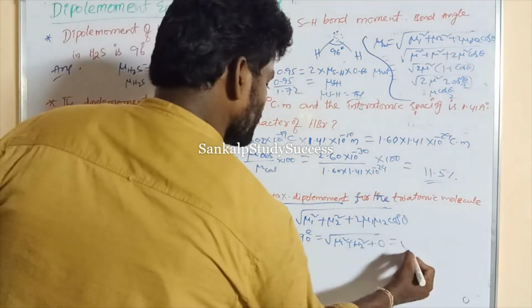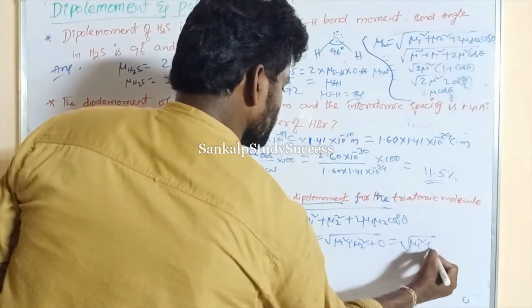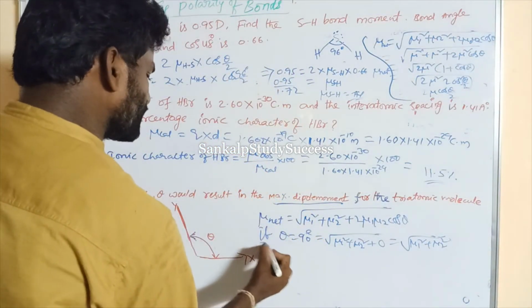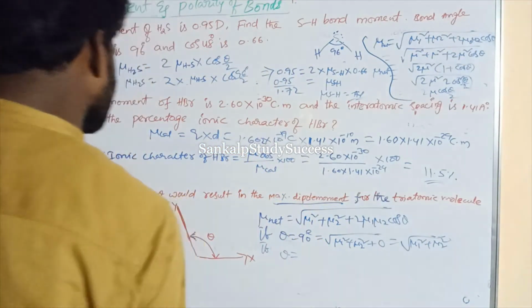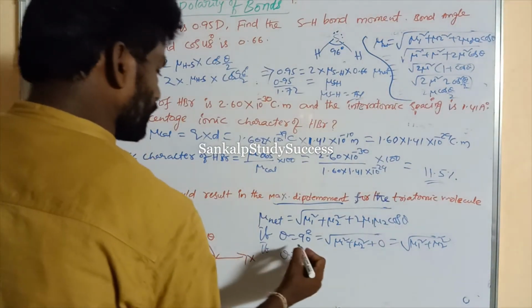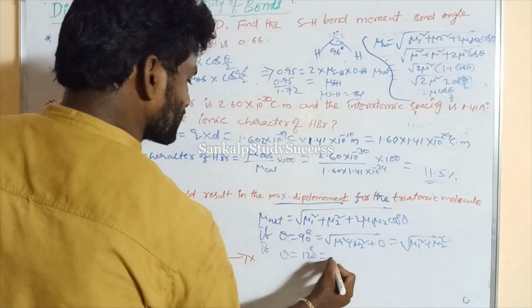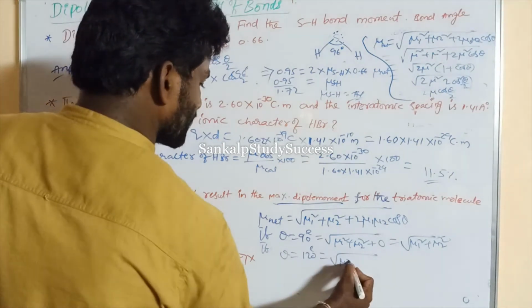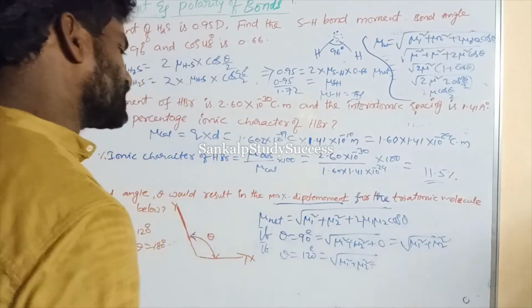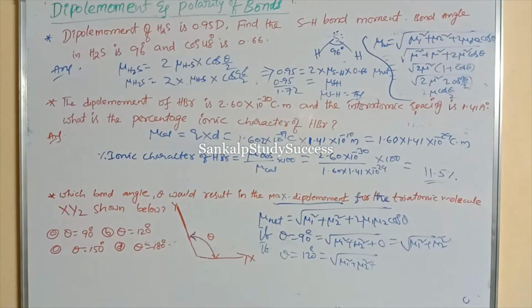So this value is mu1 square plus mu2 square. If theta is equal to 120 degrees, then mu1 square plus mu2 square plus 2 mu1 mu2 cos 120. Cos 120 means minus sin 30.